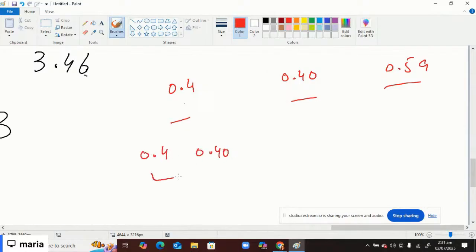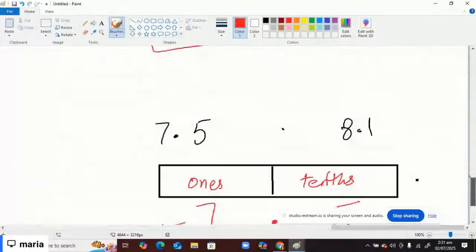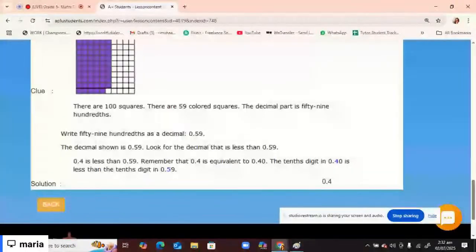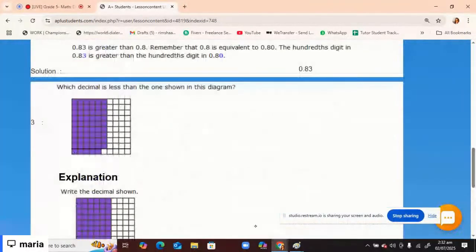But when we are checking 0.4 and 0.59, here is the ones place, 0.4, 0.5, and then 9. This 5 is greater as compared to the 4, so we can say that 0.59 is greater as compared to 0.4. So 0.4 is less, and in the question they mentioned which is less.